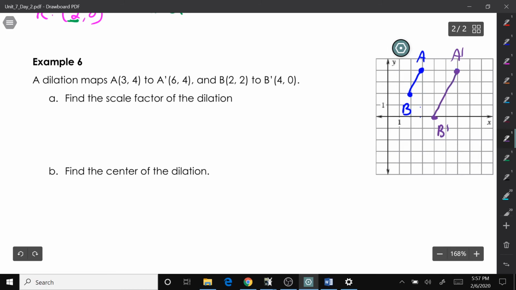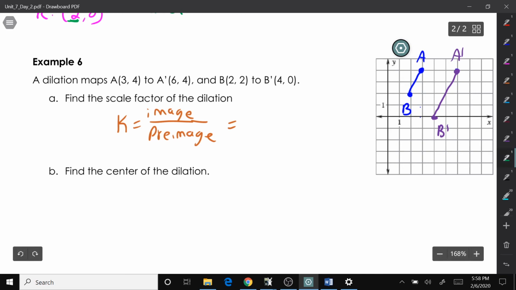Now we're trying to first find the scale factor. Scale factor, k equals the image over pre-image. We can take any one of our values as long as it's the same.